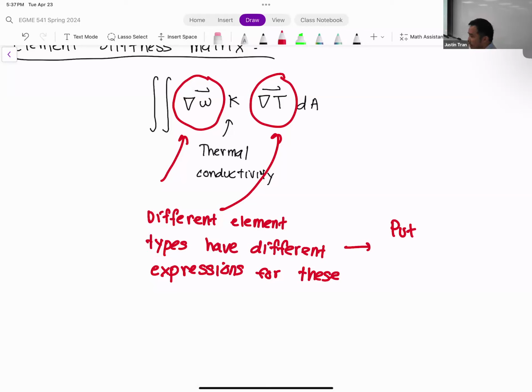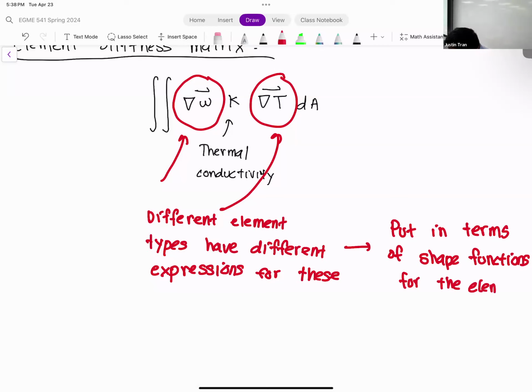Whenever you have gradients like this in your weak form, the way you turn it into a finite element form is that you put the terms in terms of the shape functions of the element. I'll show you what these look like for the triangle.